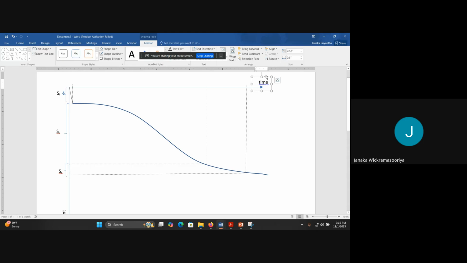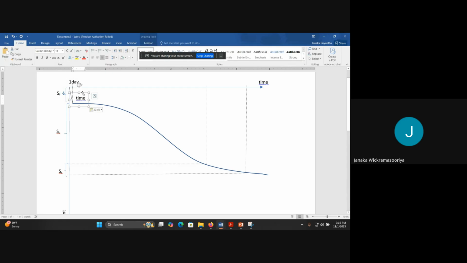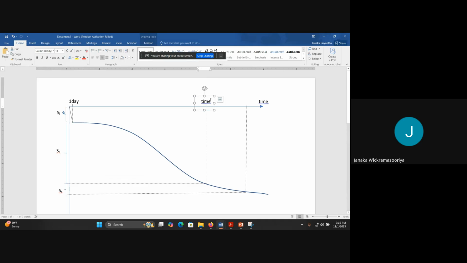Normally it will take a small time, let's take it as 1 day, and this will take around 1 to 10 years, and this may take about 50 years.